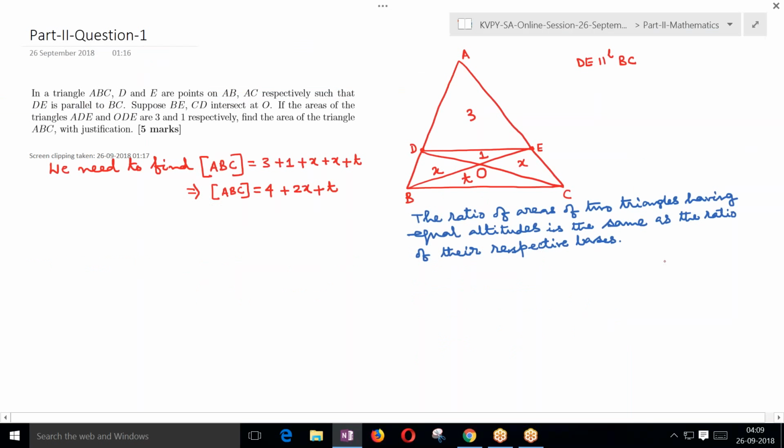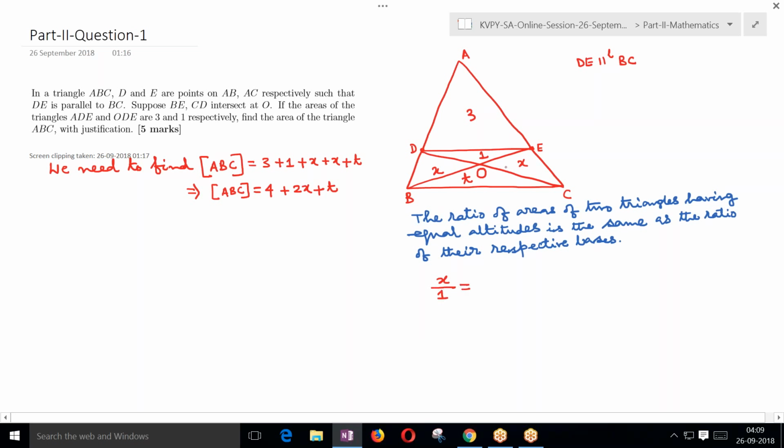So if we apply this, the ratio of the areas of the two triangles having equal altitudes, one is x and one is 1.